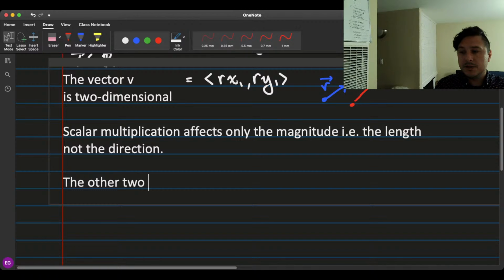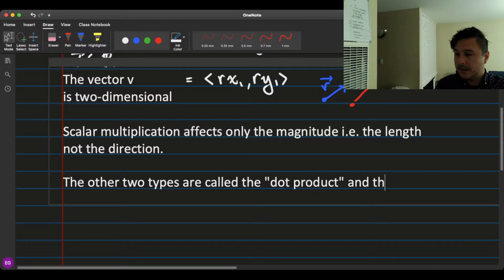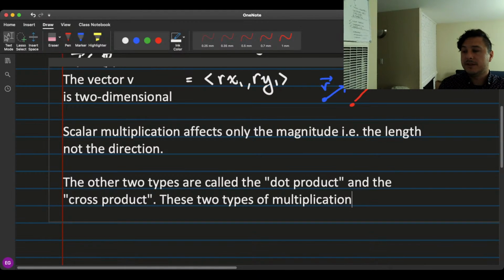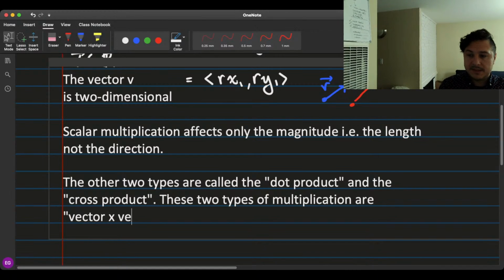The other 2 types are called the dot product and the cross product. Product being another word for multiplication. These two types of multiplication are vector times vector.